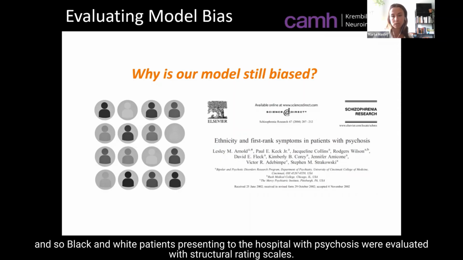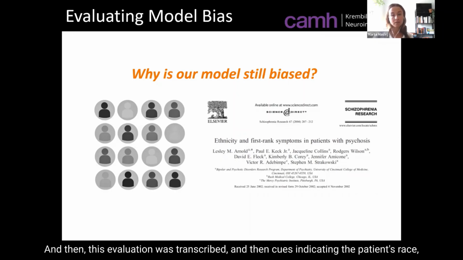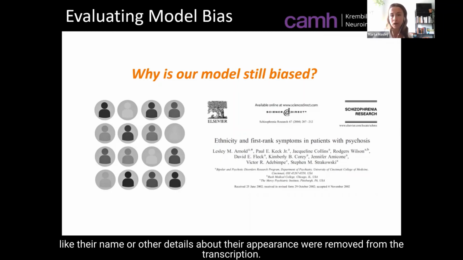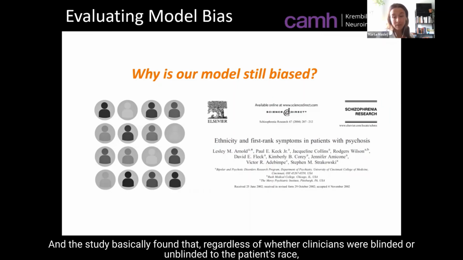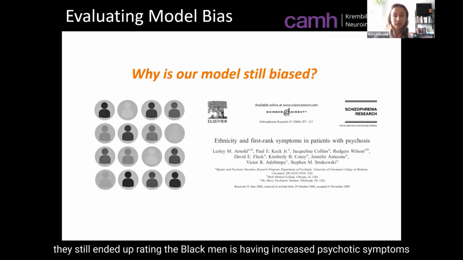And so Black and white patients presenting to the hospital with psychosis were evaluated with structured rating scales. And then this evaluation was transcribed. And then cues indicating the patient's race, like their name or other details about their appearance, were removed from the transcription. And the study basically found that regardless of whether clinicians were blinded or unblinded to the patient's race, they still ended up rating the Black men as having increased psychotic symptoms. Next slide.